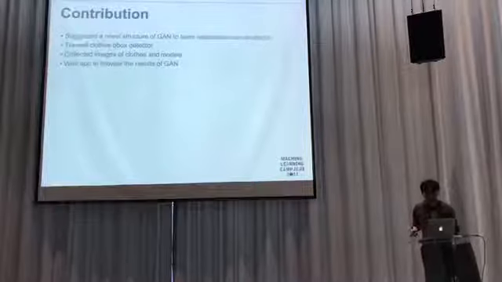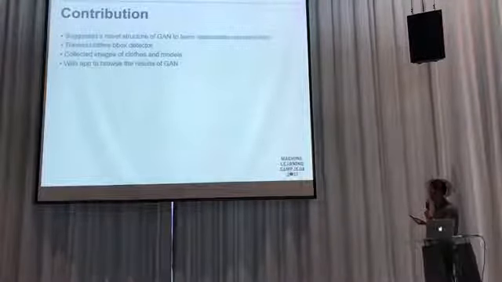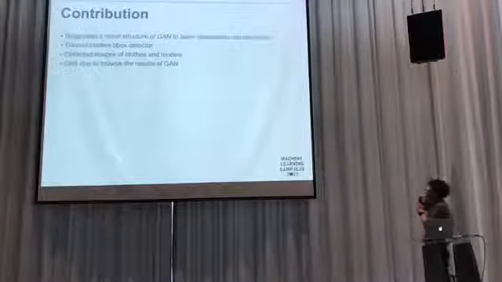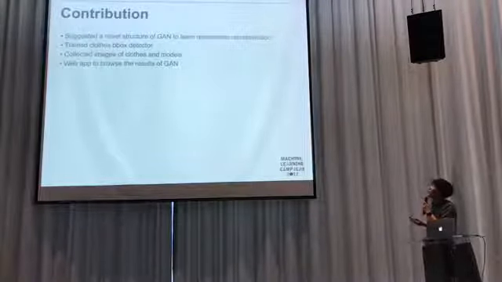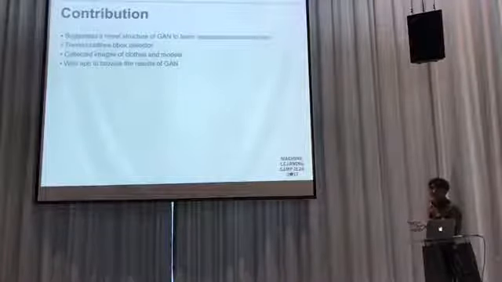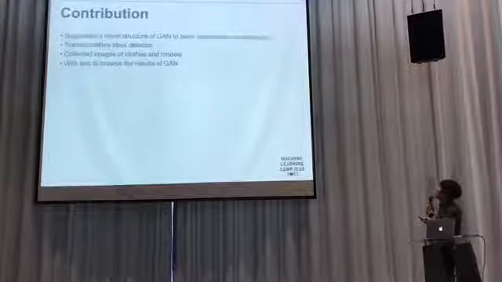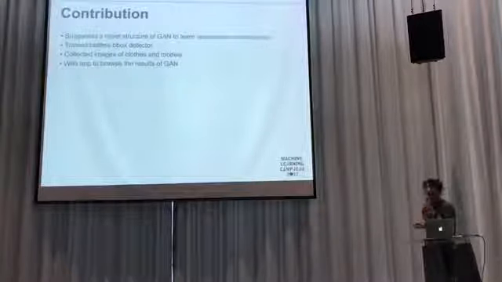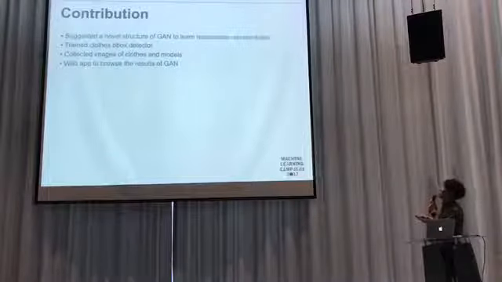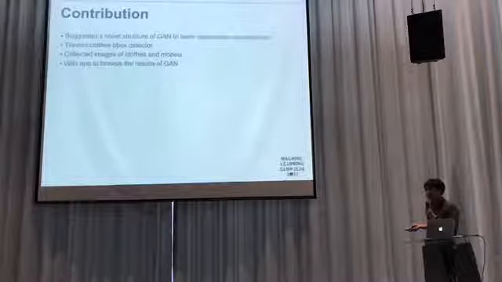So here's the contribution. I suggested a novel structure of GAN, and also trained a clothes and bebop detector. It has quite high accuracy, and also I collected images of fashion models, and implemented a crawler, and there are lots of results.